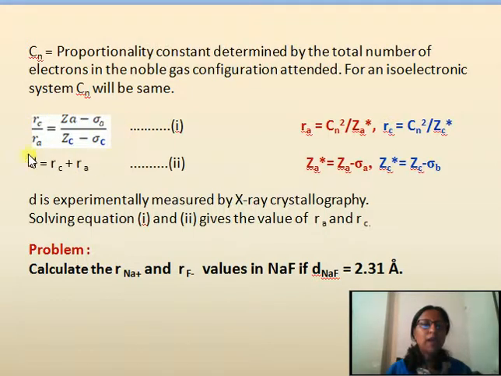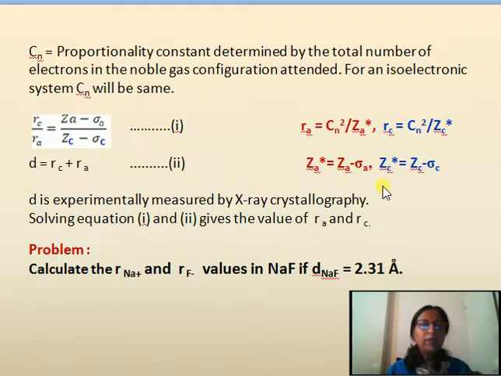The other equation we have is D is equal to Rc plus Ra. From these two equations we will be able to solve and get the values for Ra and Rc.